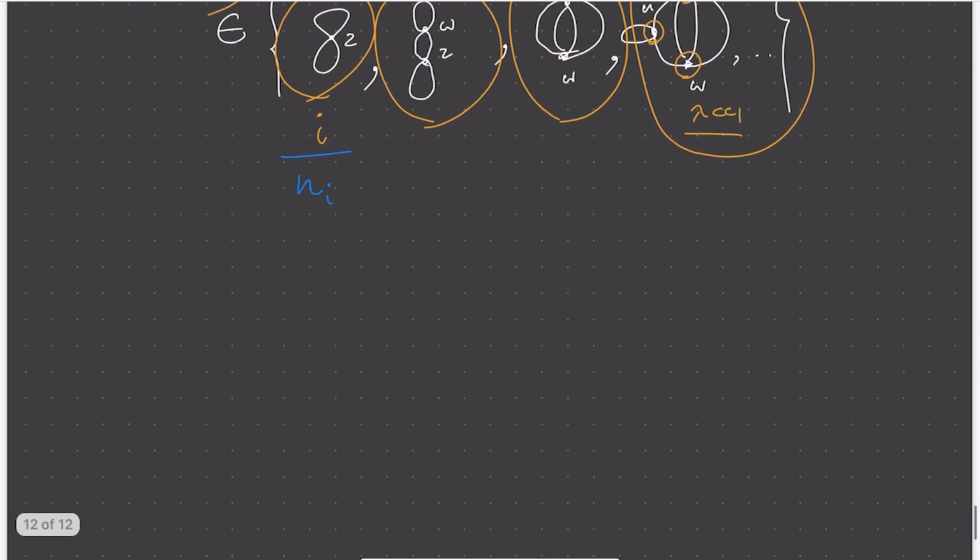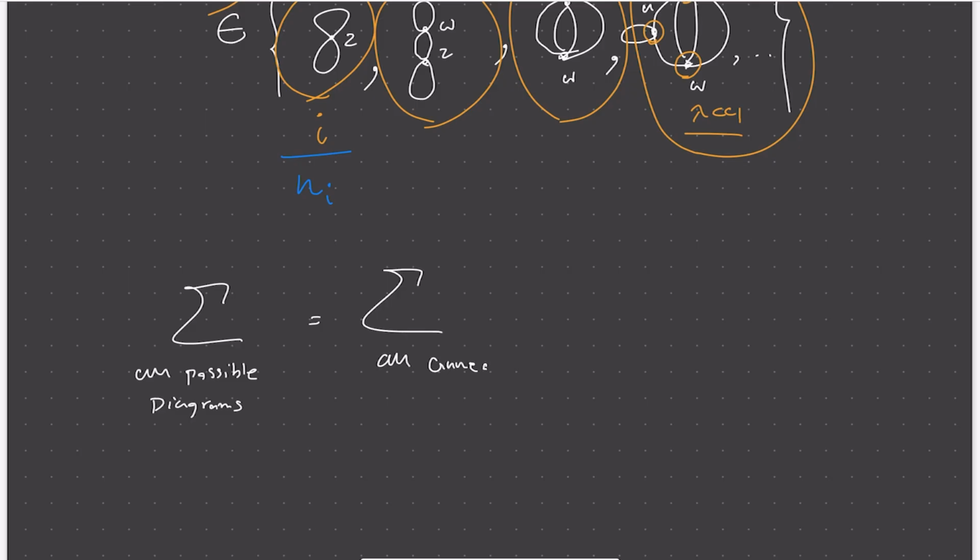So the expression above is going to be the sum over all possible diagrams, the sum over all connected diagrams, and the value of connected diagrams, times the sum over all combinations of n_i factorial.